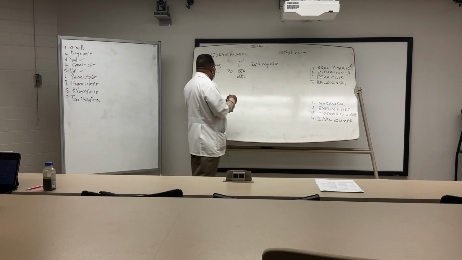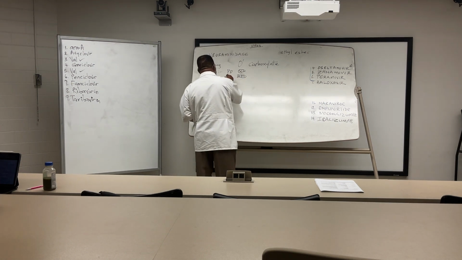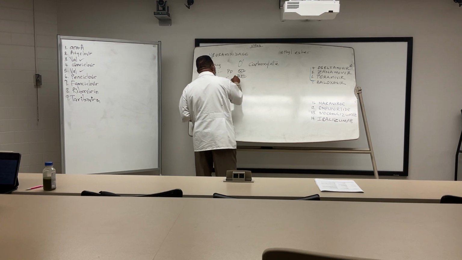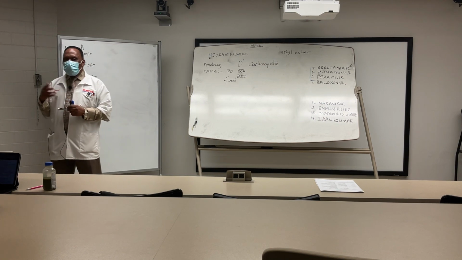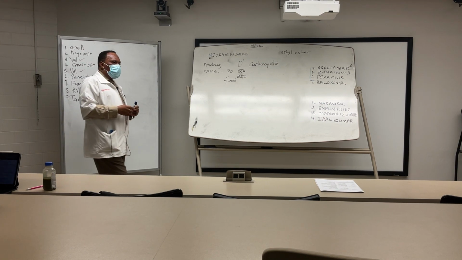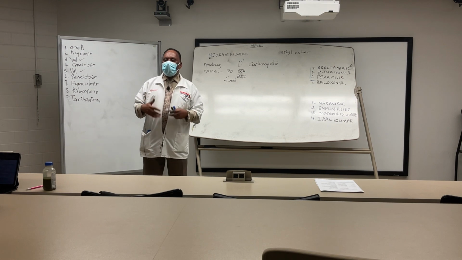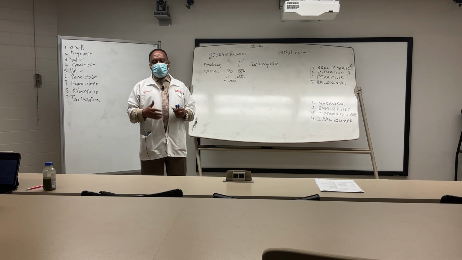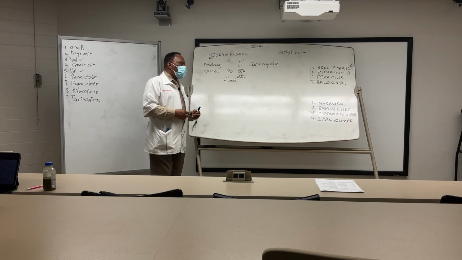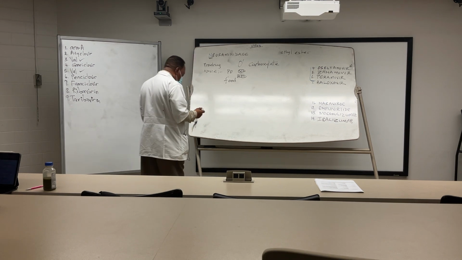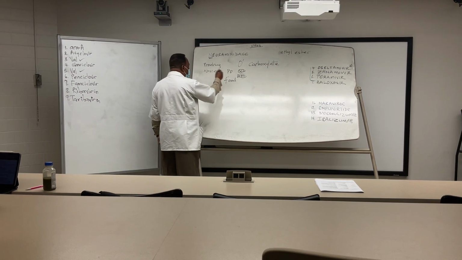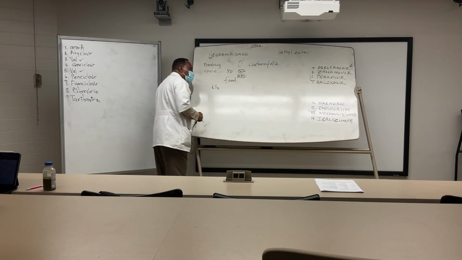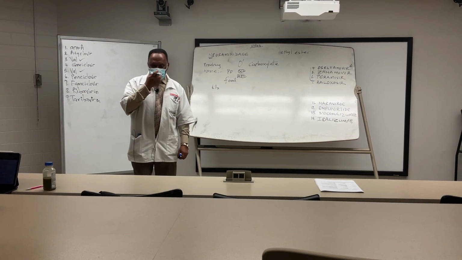And when you give it orally, food tends to increase its tolerability. In other words, you get less GI adverse effects from your Tamiflu if you administer it with food. And if we look at the distribution, maybe we look at the half-life.